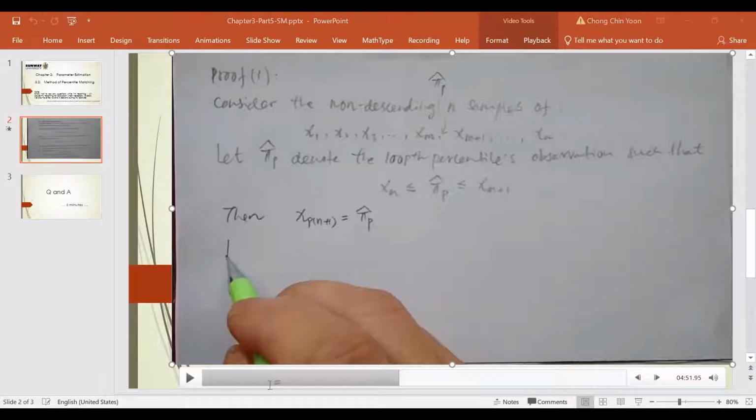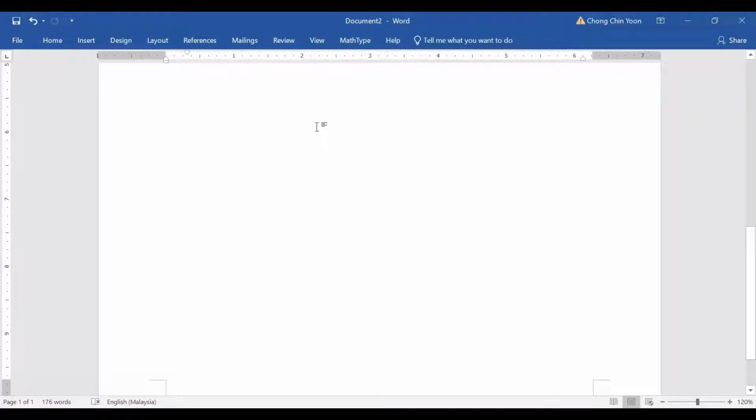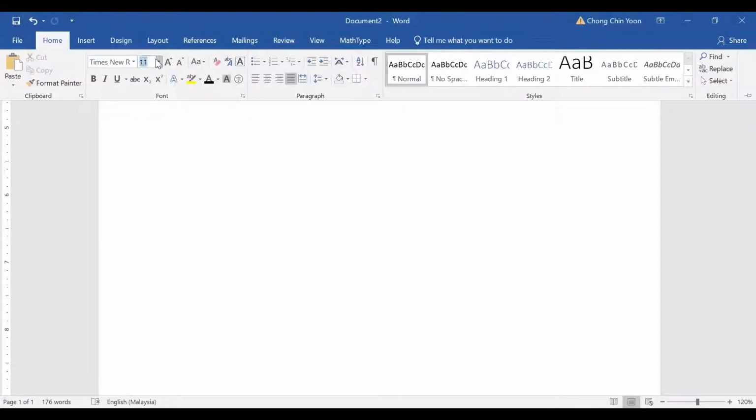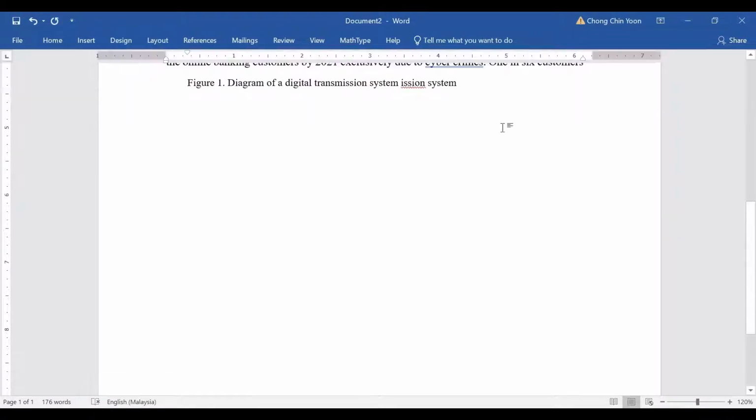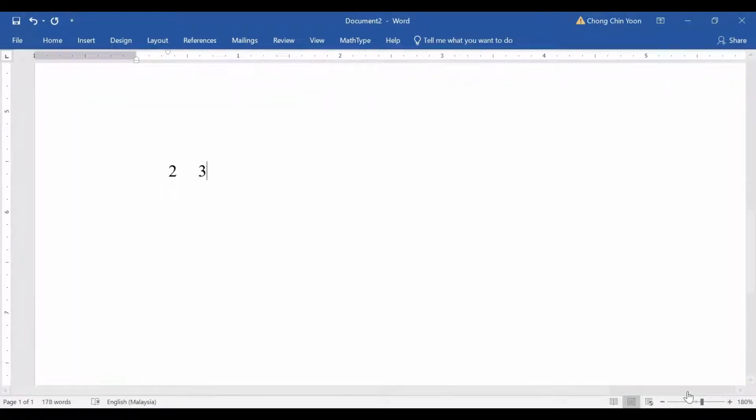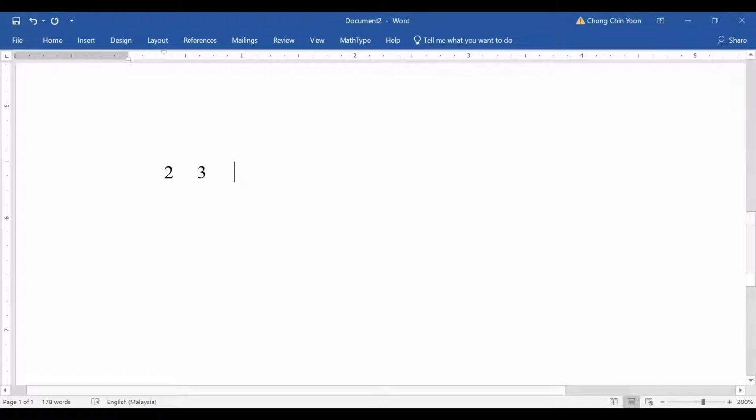Let me show you by taking this example. I use a Word document to explain. Let's say, for example, you have 4 data: 2, 3, 6, 7.